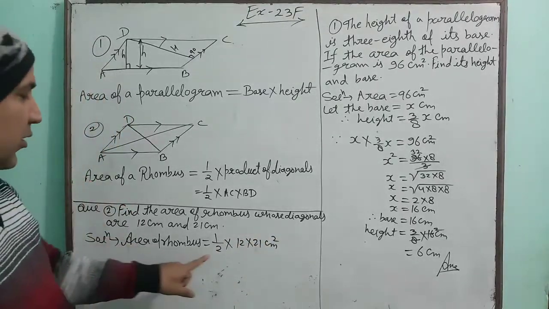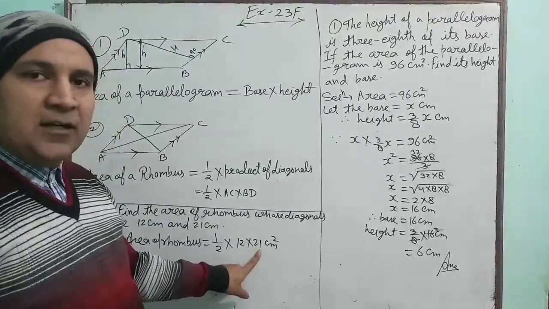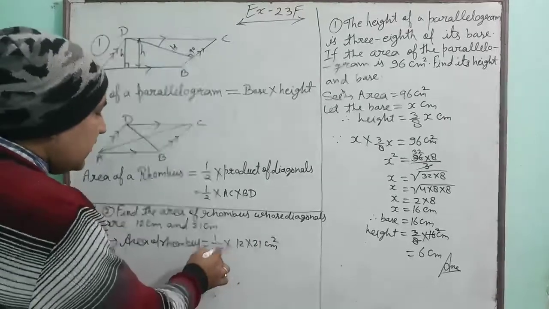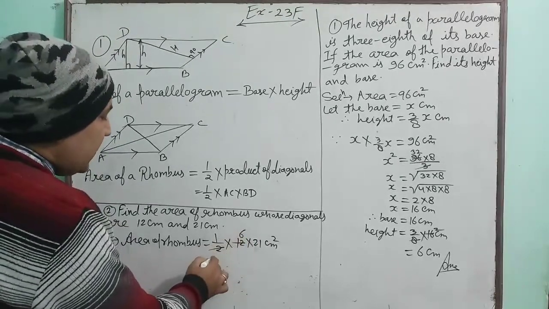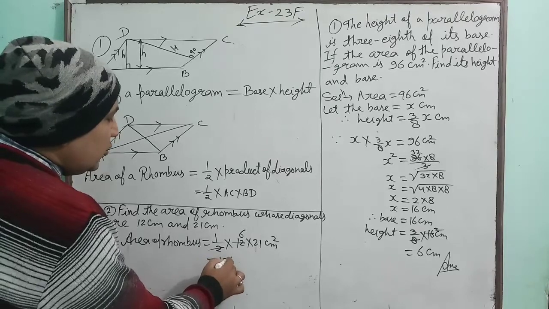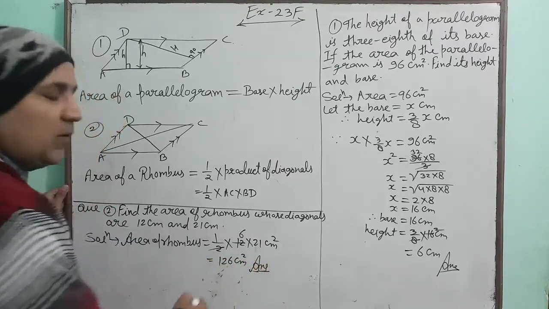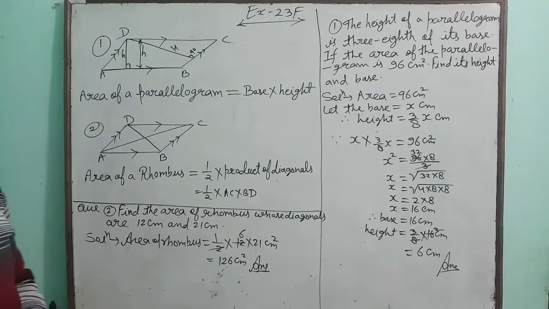Is this clear? Product of diagonals means one diagonal into the second diagonal. Now solve and get your answer. 2 dividing 12 is 6, and 6 times 21 is 126 centimeter square. Okay. Now write down these questions.